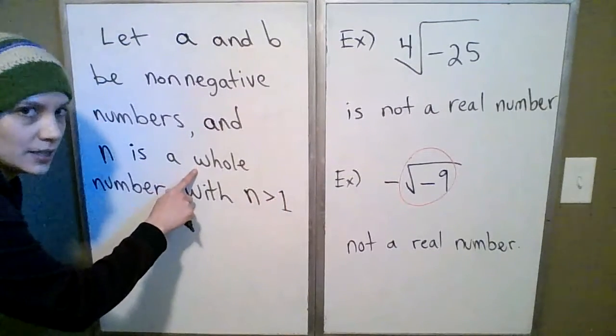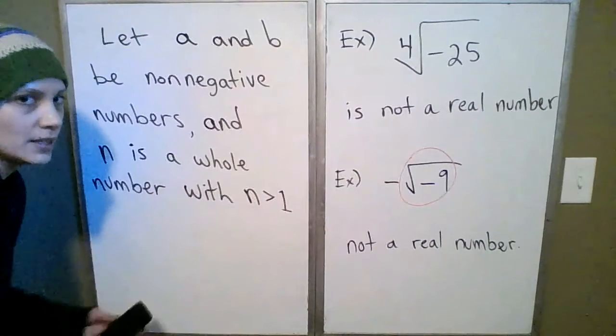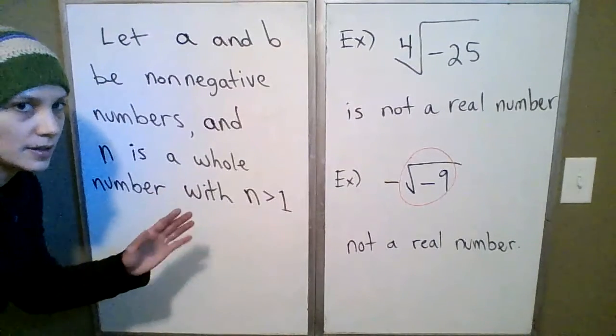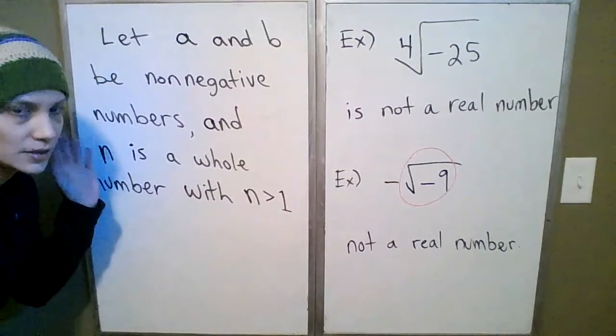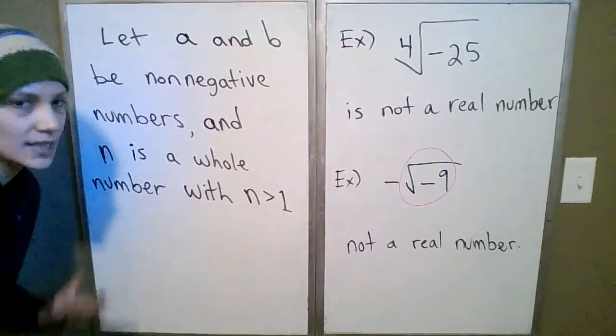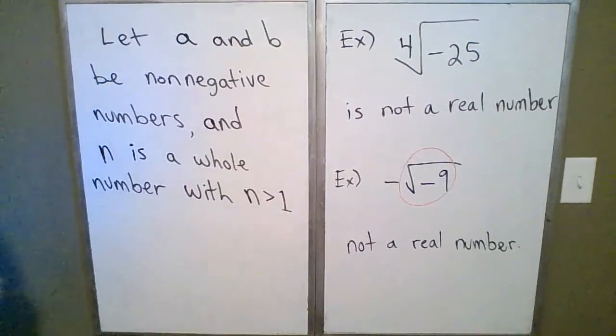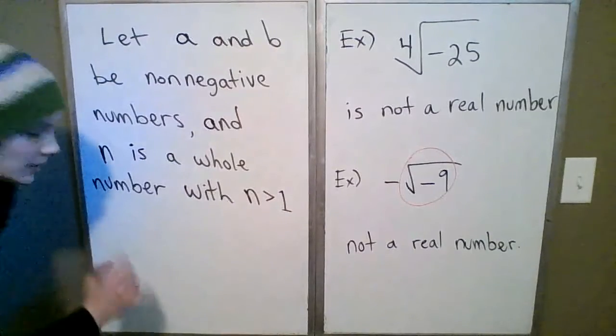Looking at this, I could have said integer again, but basically something you can count on your fingers starting at 2 and past. So 2, 3, 4, 5, 6, 7, 8, things like that.